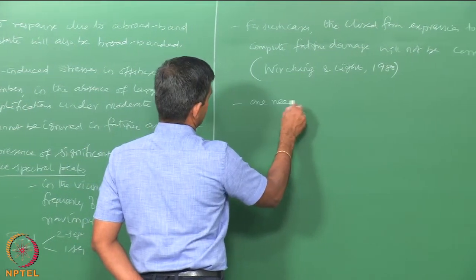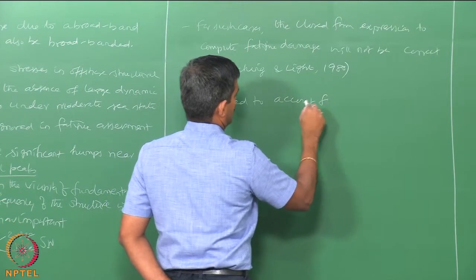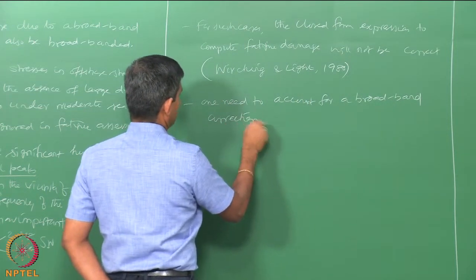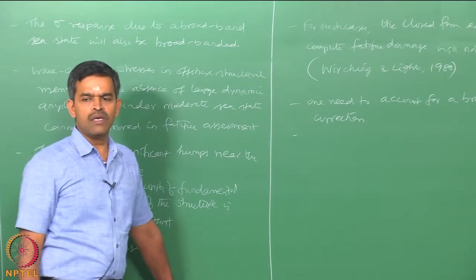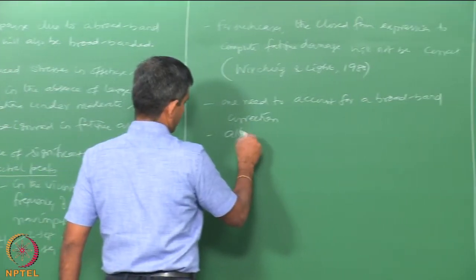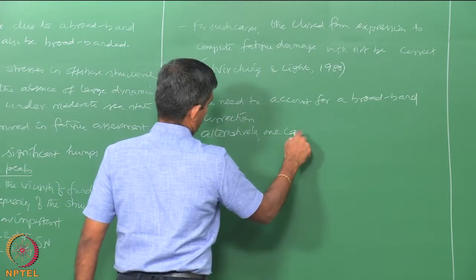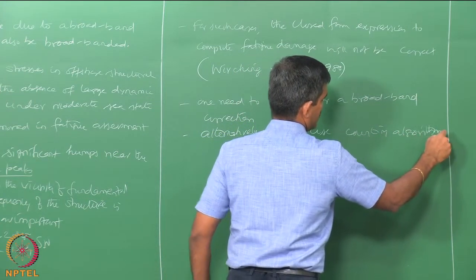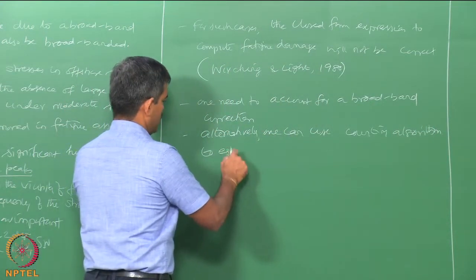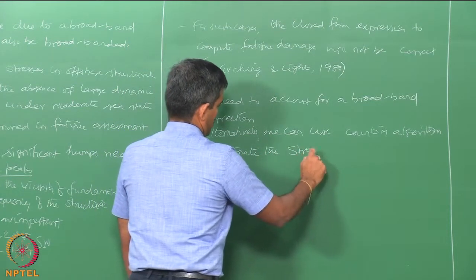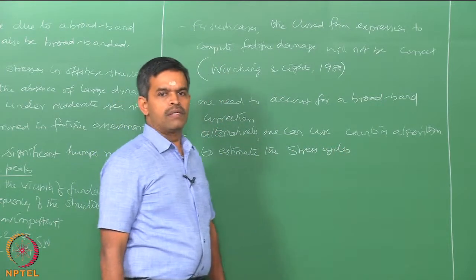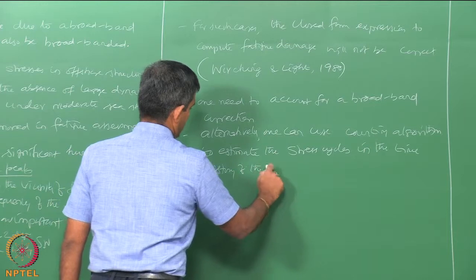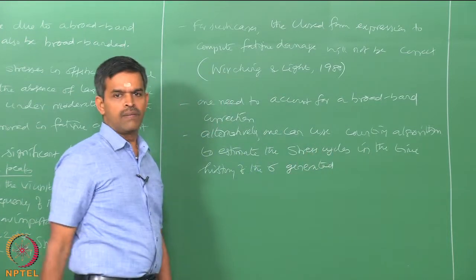So, one needs to account for a broadband correction on the estimated values of fatigue damage, or alternatively one can go for a suitable counting algorithm to estimate the stress cycles in the time history of the stresses generated by the time domain analysis.